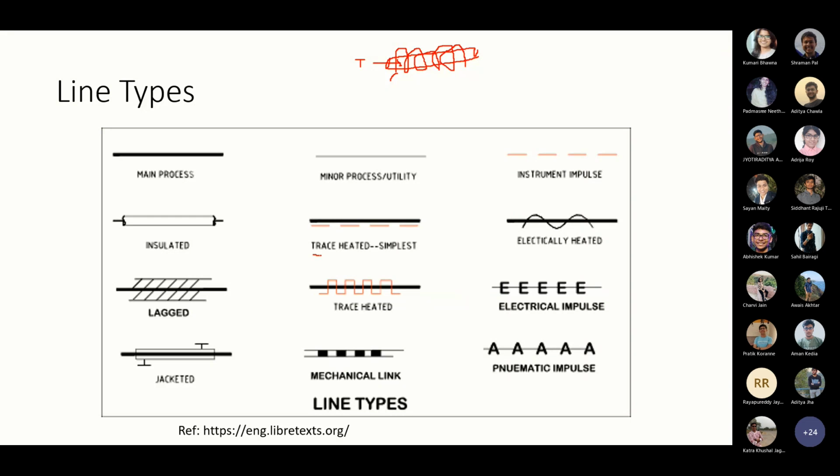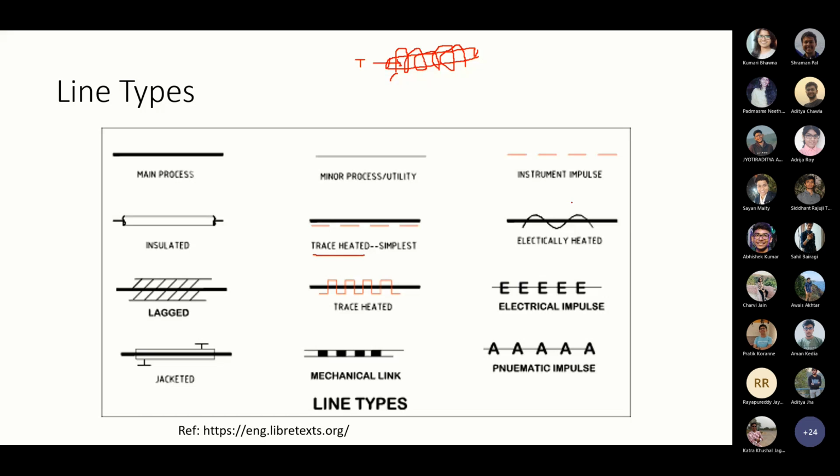Tracing along the pipeline, you are providing some sort of mechanism to maintain the temperature. That is called trace heated. If we use just a simple coil for very little temperature rise, that is the simplest. Sometimes we need to insulate it and use a further complicated arrangement, and then we call it the trace heated line.